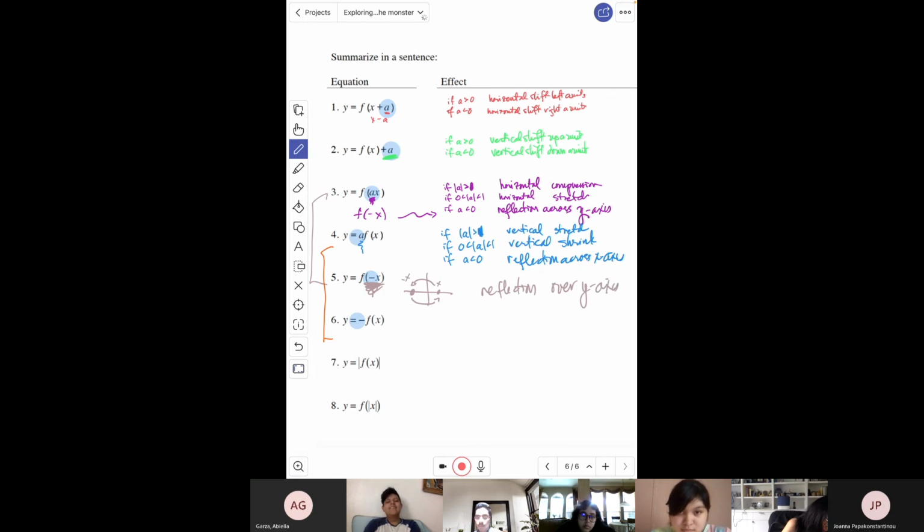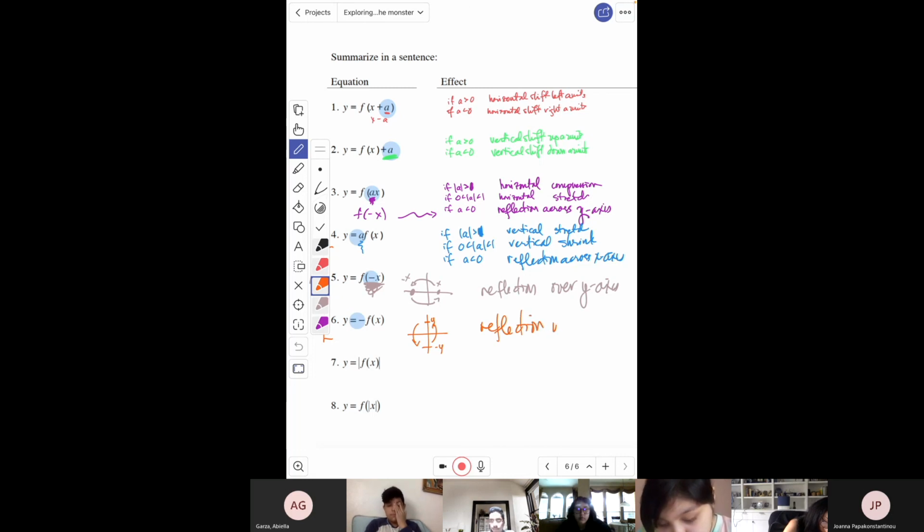And based on number 5, can you tell me what happens when I take my y value that's positive and I make it negative and vice versa? Reflection over the x-axis. Yes. Okay. These were a little bit more specific. We kind of talked about how we were looking at only positive y's.